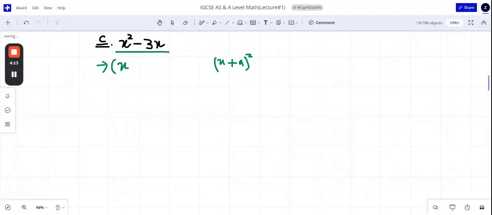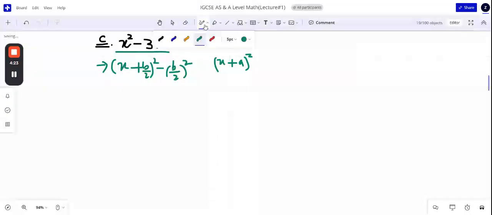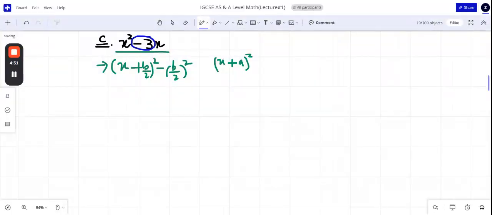Now (x + b/2)² − (b/2)². Then what is the b/2? So here the b is -3, the coefficient of x. So it means that b/2 would be equal to -3/2.